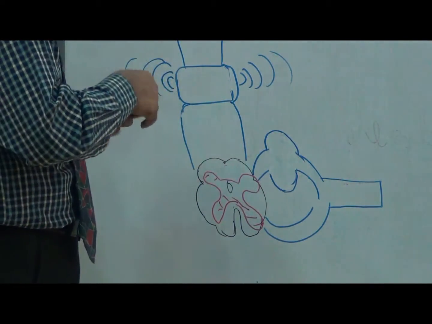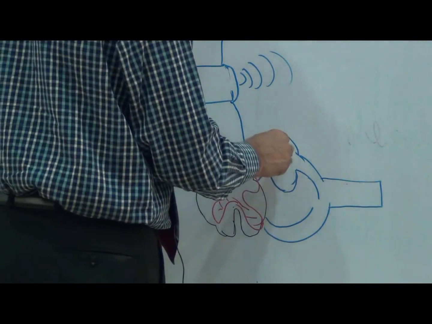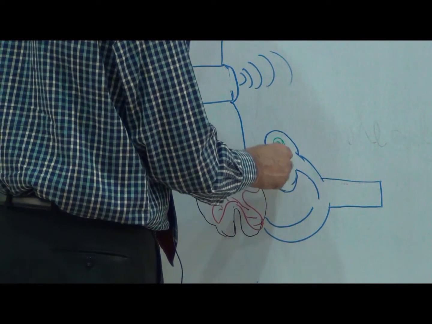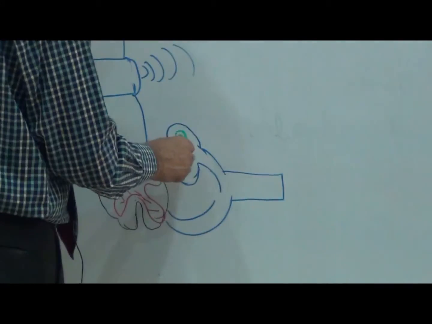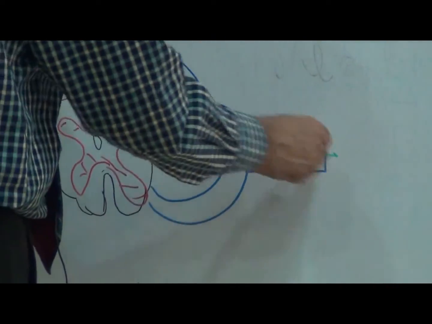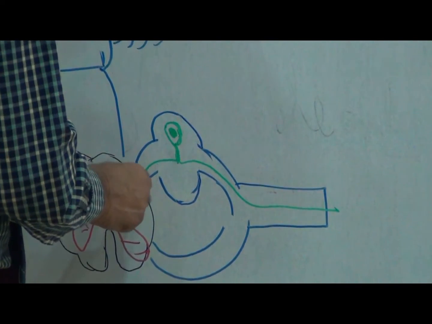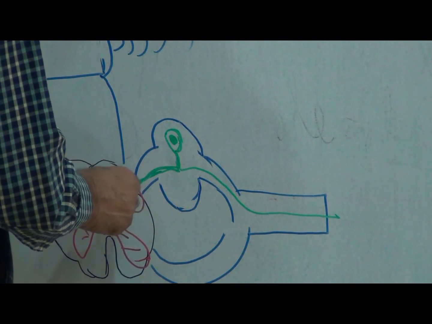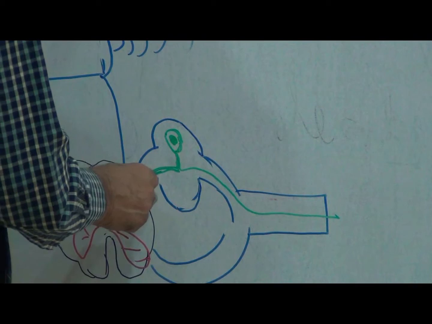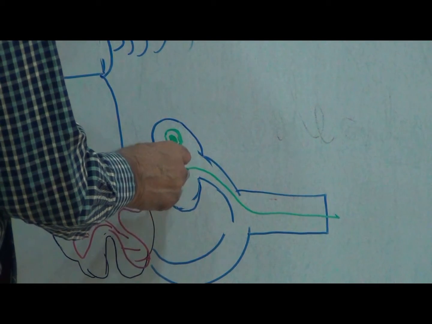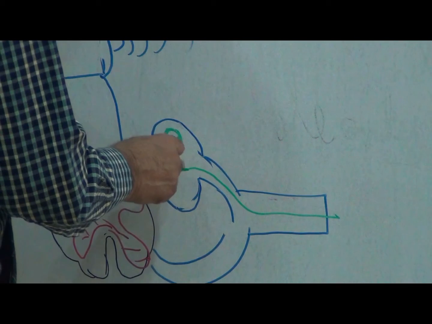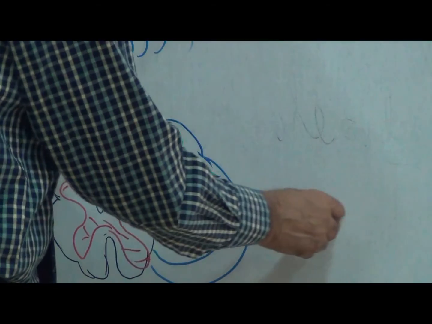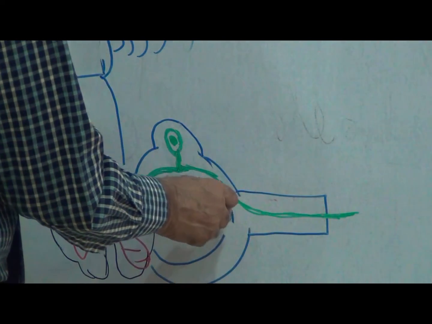Now in the sensory ganglion there are unipolar sensory neurons, which have a peripheral process and a central process. The central process enters the spinal cord and brainstem: spinal cord in case of spinal nerve and brainstem in case of sensory components of the cranial nerves.